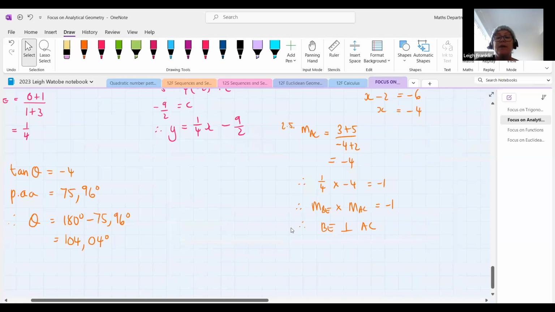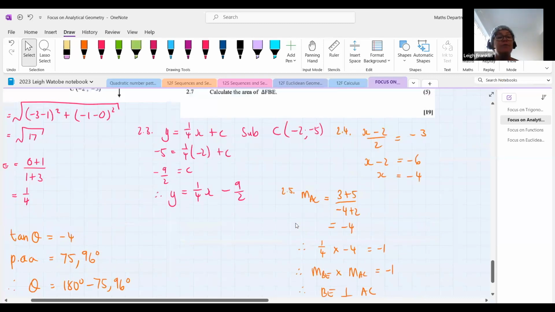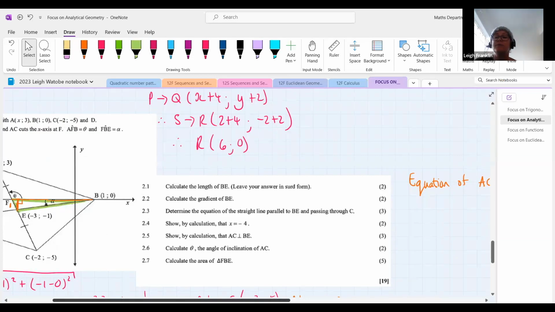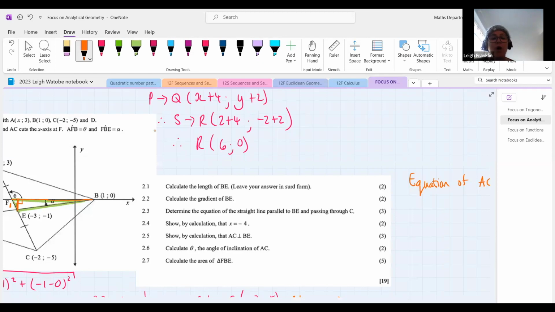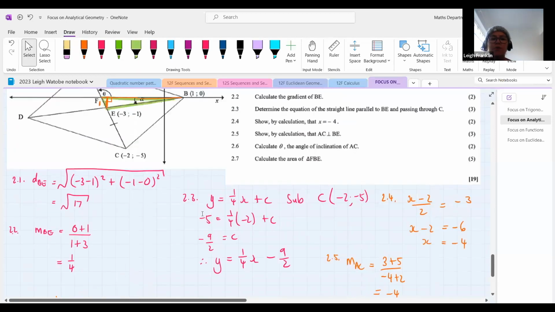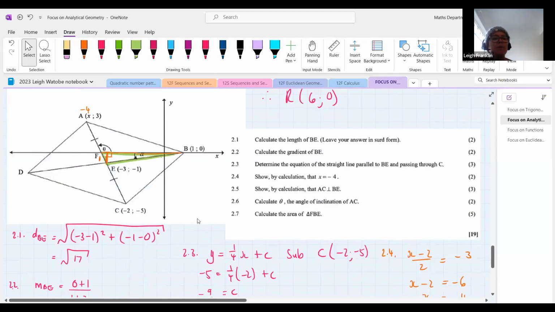I know what the gradient of AC is. I know that it's -4. So I can sub in any point. Oh, hang on a second. Didn't I work out the equation of AC somewhere already? What did I do in 2.3? Oh no, that was the line parallel to BE. Okay, so that wasn't it.